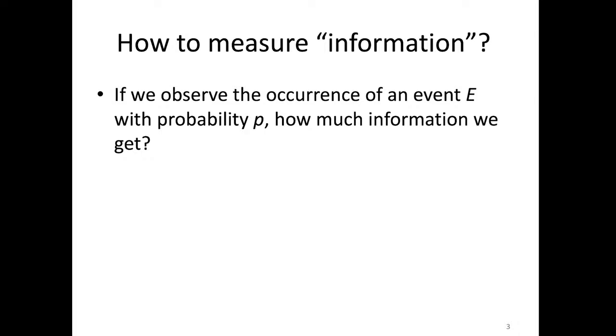If you observe the occurrence of a certain event E with probability P, then how much information do you get? Shannon believes that you should measure the amount of information based on probability, not based on the event itself.